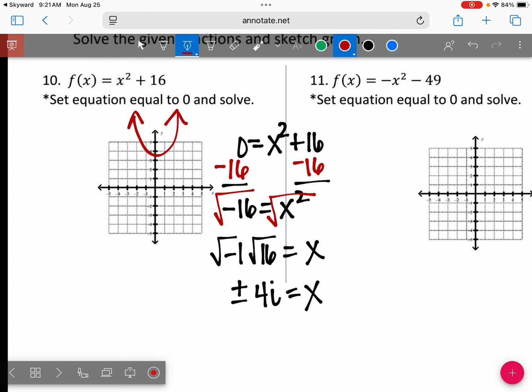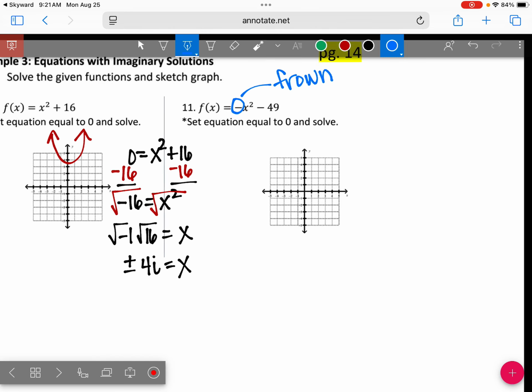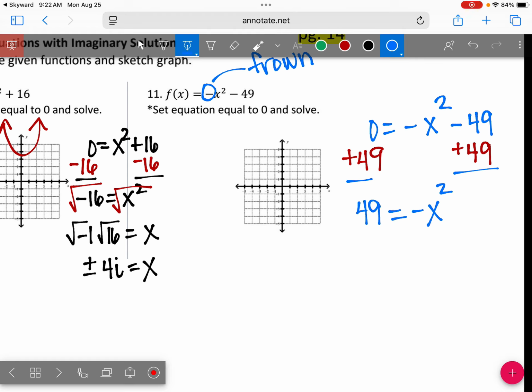Now, 11 is the first one where a is negative. So this one is going to be a frown. So let's go ahead and solve that. 0 equals negative x squared minus 49. So we're going to start by adding 49. So now to get rid of the negative, I have to divide.